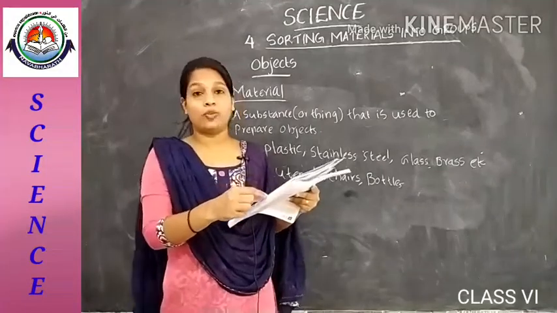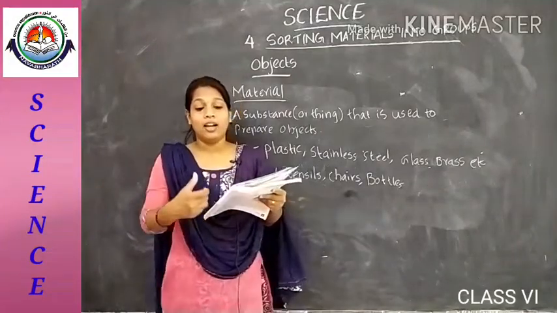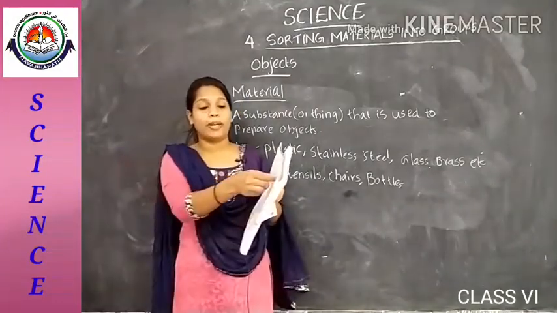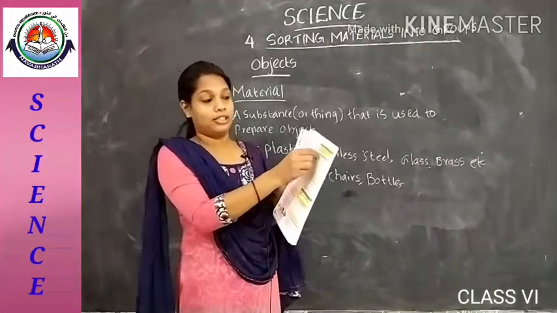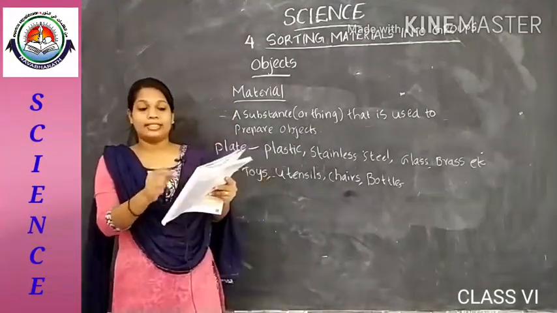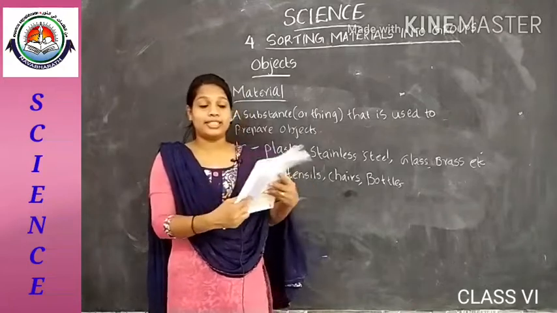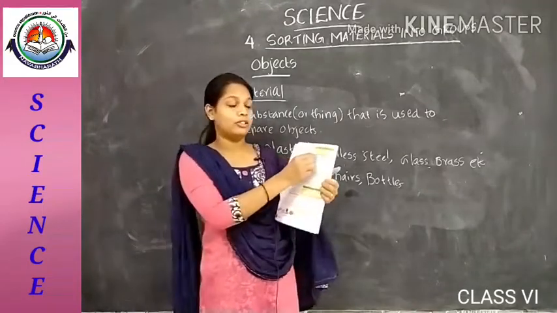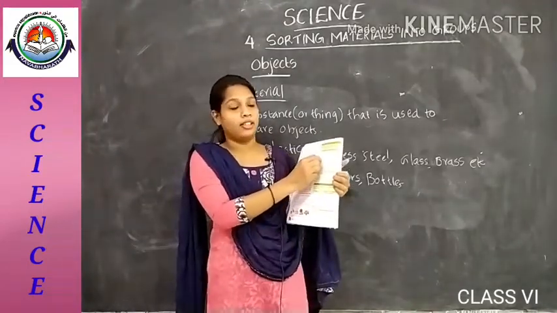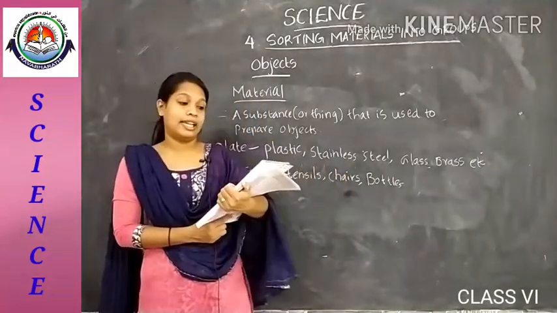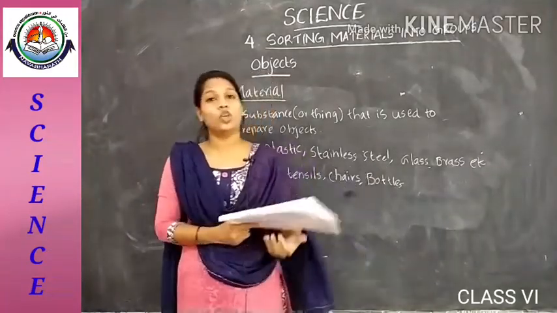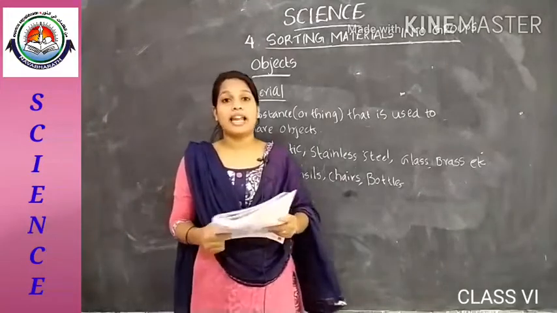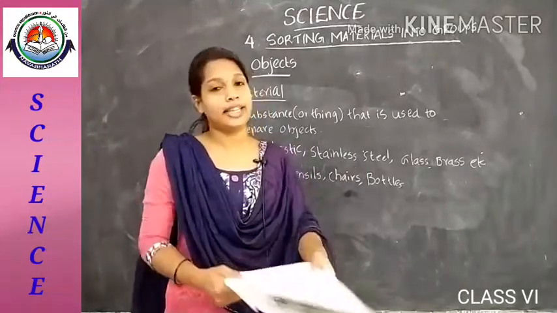Many hints are given. So you have to select the objects that are prepared from the materials provided, like wood, glass, iron, copper. So you have to complete the activity number 3 in your textbook. Okay.